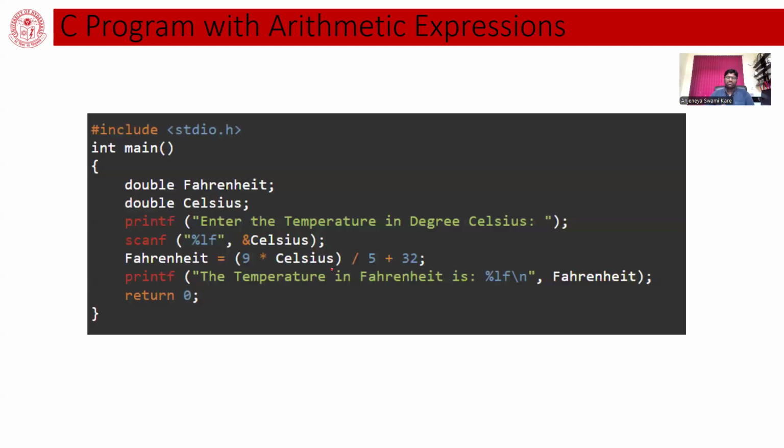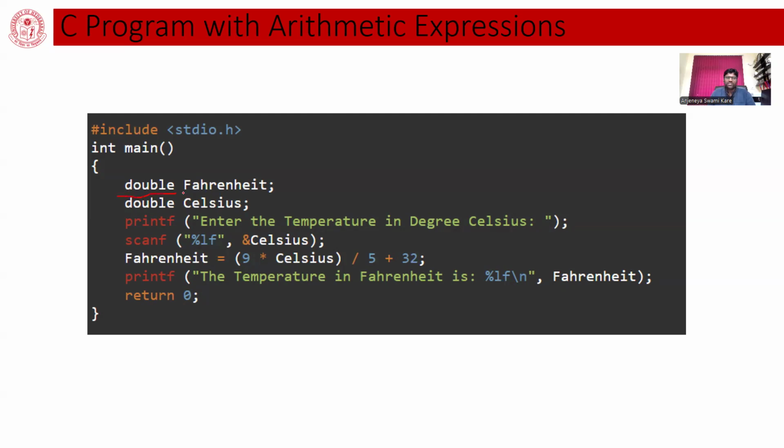Let us see a small example of how to use logical operators, arithmetic expressions and data types. This is a program which converts degrees Celsius to Fahrenheit. Suppose we give some number in degrees Celsius and it will return the Fahrenheit value of that particular degree Celsius.